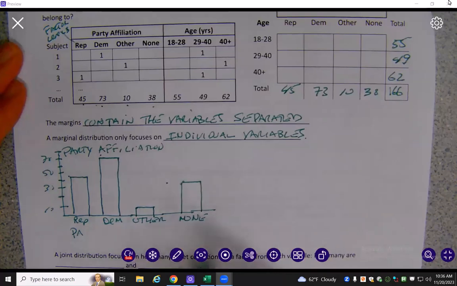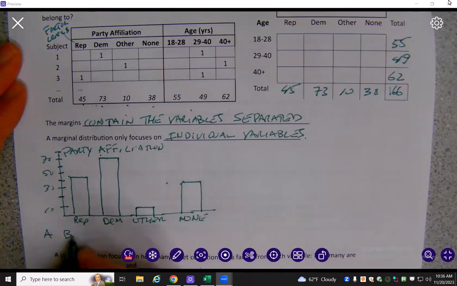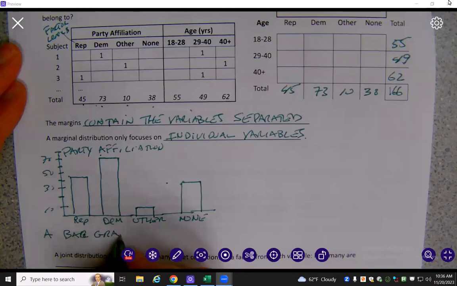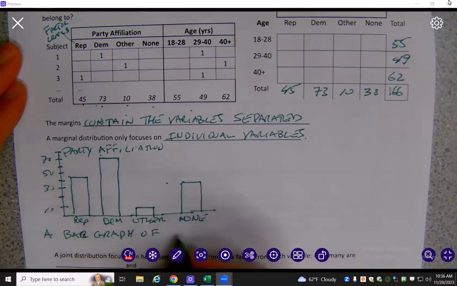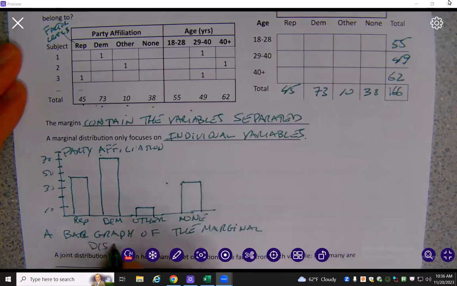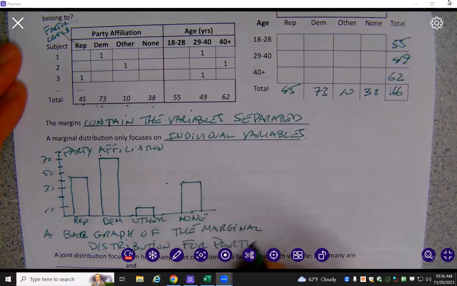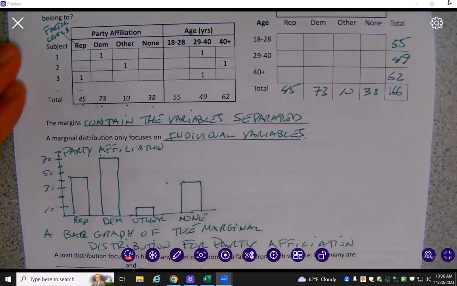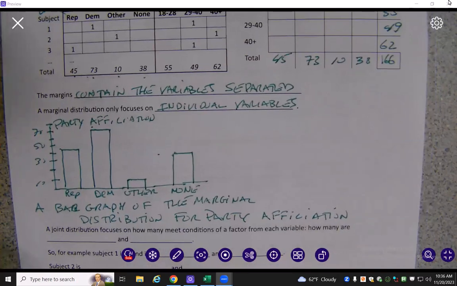And this is, again, a bar graph of the marginal distribution. Right? So that's what this is, just the bar graph of the marginal distribution for party affiliation.